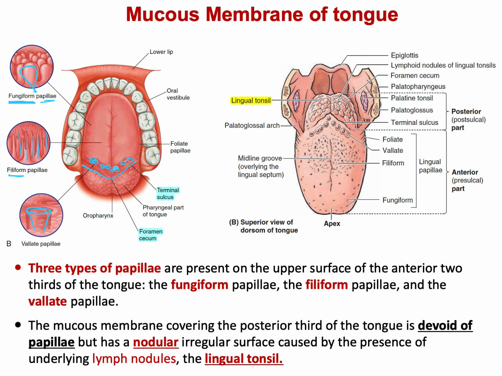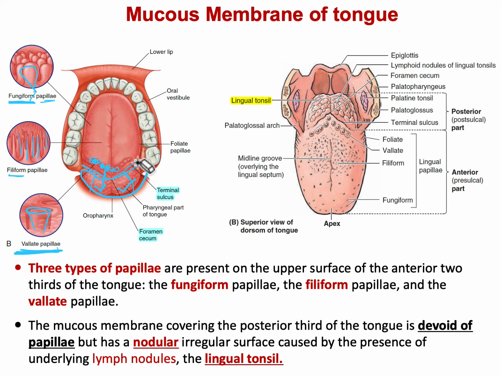If you look in the mirror, you will see the fungiform and, very obviously, the vallate papillae here. Behind it is the posterior 1/3 of the tongue, which is the pharyngeal part, and you cannot see it. There are no papillae in the posterior 1/3 of the tongue.